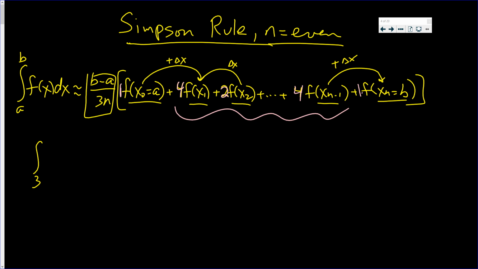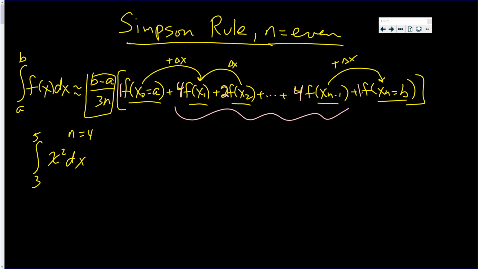Suppose we want to approximate the integral of x squared from 3 to 5, where n is 4. So the first number in front is going to be (b minus a) over 3 times n. It's going to be (5 minus 3) over 3 times 4, which is 2 over 3 times 4.